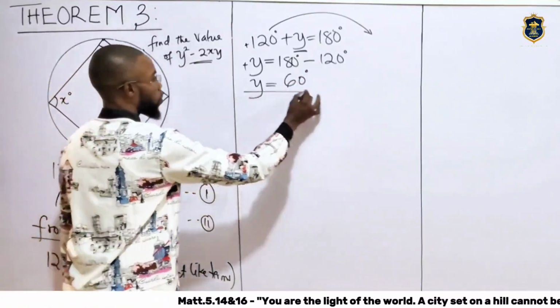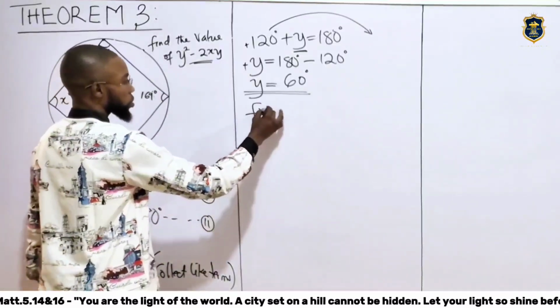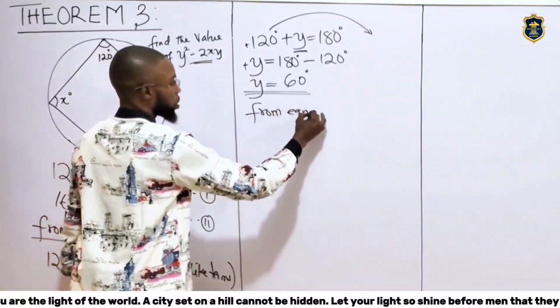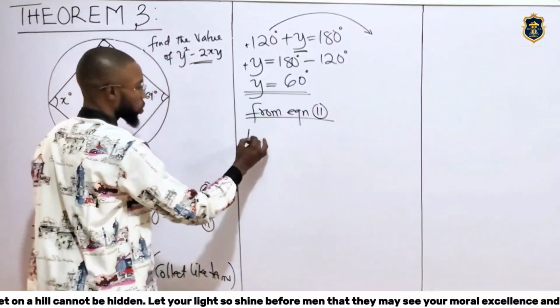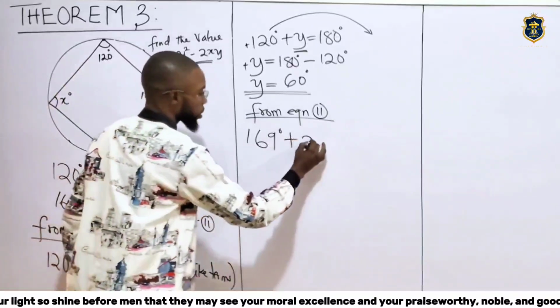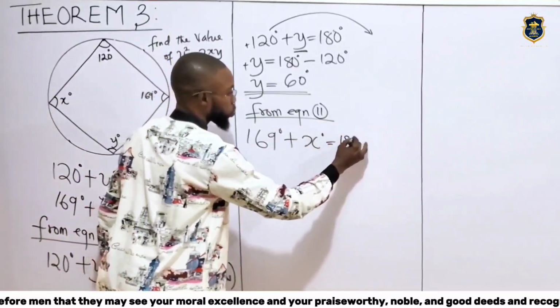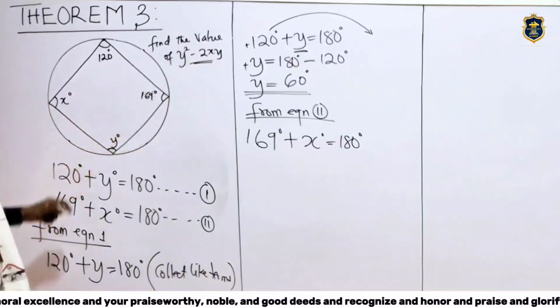So we have the value for y. What becomes the value for x? From equation 2, which is this, we have 169 degrees plus x degrees equal to 180, and of course you know the reason why: they are diagonal to each other.